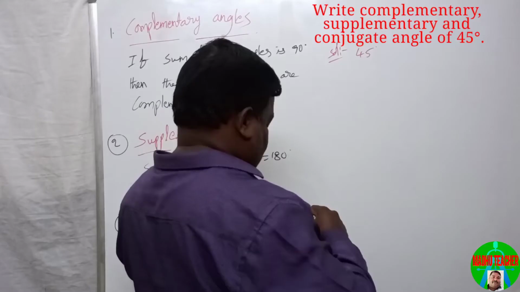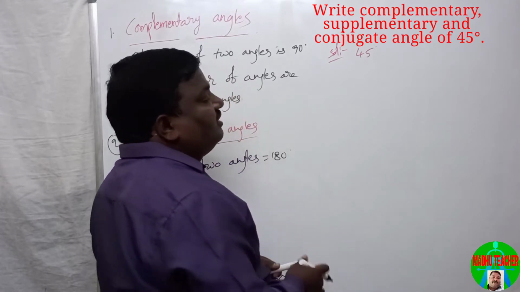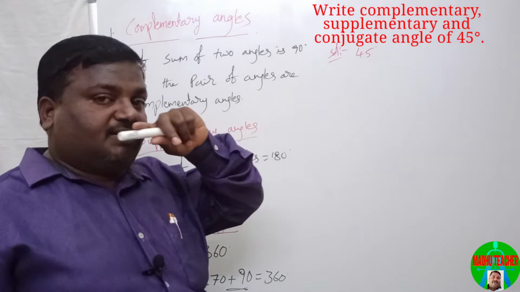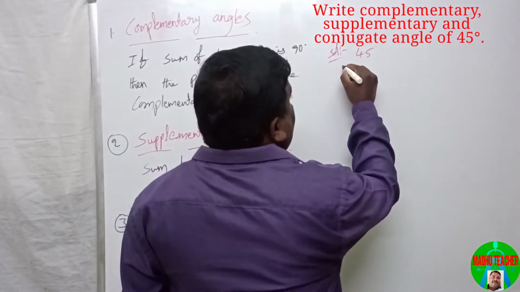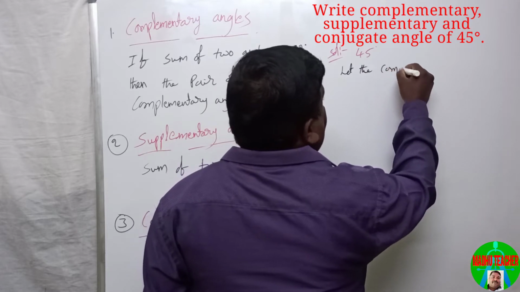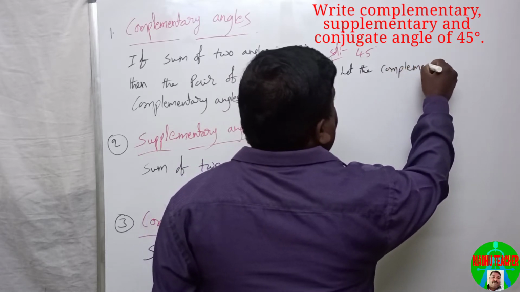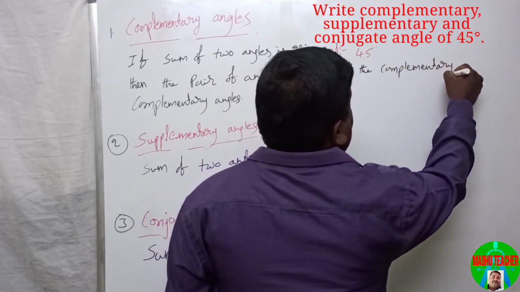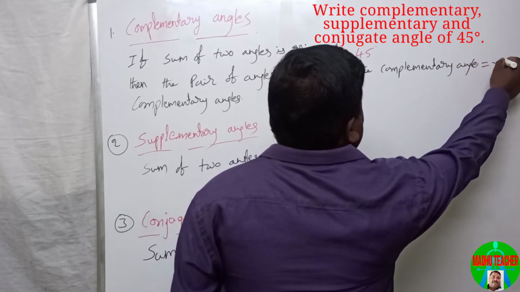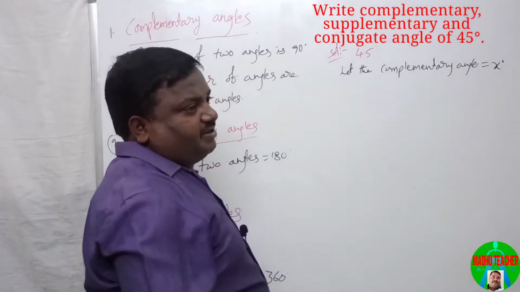So let us see. What is the complementary angle? The sum of two angles is 90 degrees, then they are complementary. So let the complementary angle equal x.